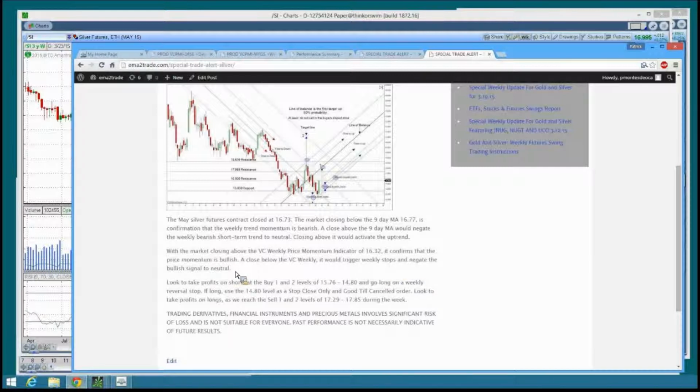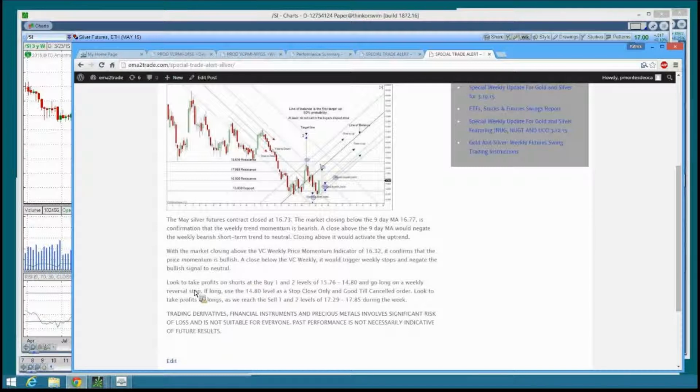So you know where you put your stop. You're long on the market, and basically your stop is at 1632. If it closes below 1632, it's telling you that the bullish trend would be negated, and stops would be activated.